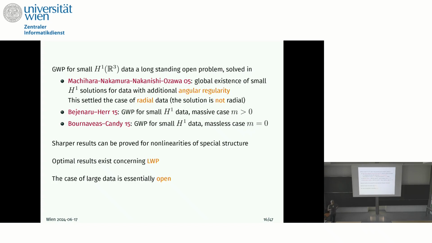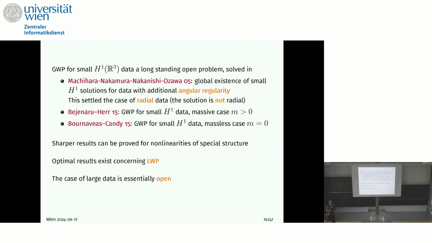Let me mention that you don't have radial solutions. If you take radial initial data, the solution is not radial, because of the algebraic structure. And so there is no natural simple radial case. But there was a nice idea by Machihara, Nakamura, Nakanishi, and Ozawa. You can nicely exploit Strichartz estimates with angular regularity for the wave equation, which become sharp if the data are radial.